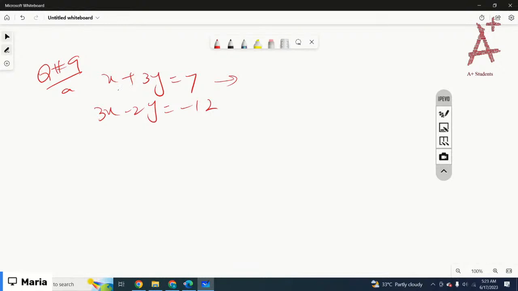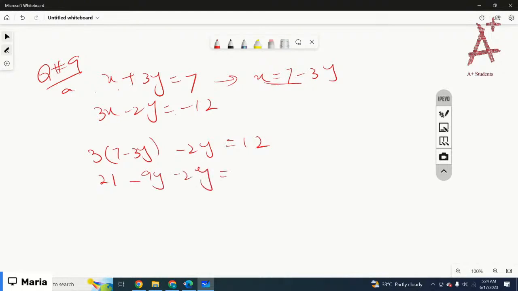Let's isolate x from this equation. It would be x equals 7 minus 3y. Now just substitute this value in the second one. It would be 3 times 7 minus 3y, minus 2y, equals negative 12. 3 times 7 is 21. 3 times 3 is 9. Okay, negative 9 minus 2 is negative 11.